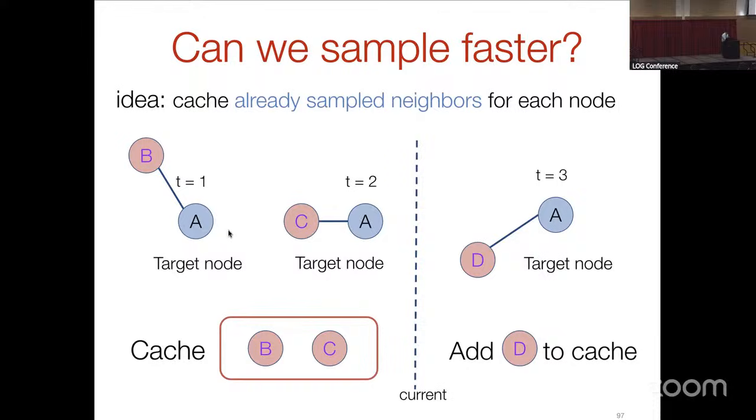After you make the prediction for the edge BA and CA, then you put them into the cache, and you see that I have observed them. So in the future, when you need to query who are the neighbors of A, you already have B and C in the cache. So you don't need to do this on the fly, but you just query the cache, which is very fast, right?